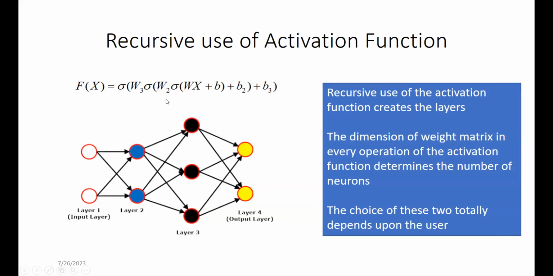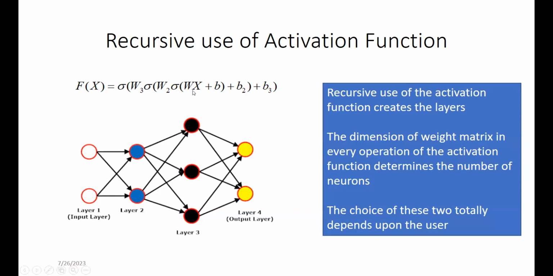If you carefully observe this entire expression, it represents nothing but the creation of neural networks. Its innermost entry says sigma of Wx plus b, which means we pass the value of Wx plus b into the activation function.